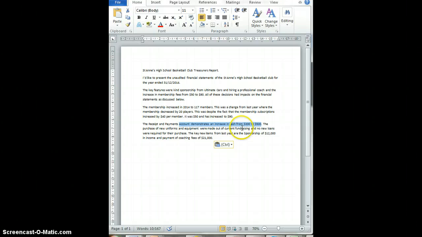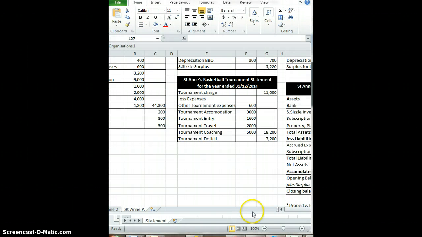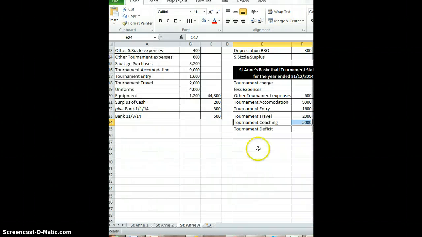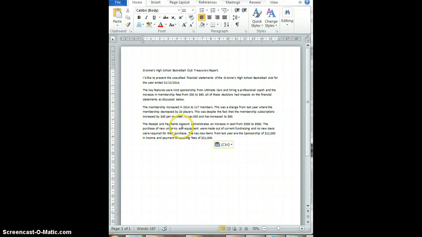So receipts and payments increase from $300 to $500, and then we've got purchase of new uniforms and equipment, and probably you should put the figures in there. Uniforms 4,000 and equipment 1,200. So that's what we'll be looking at.